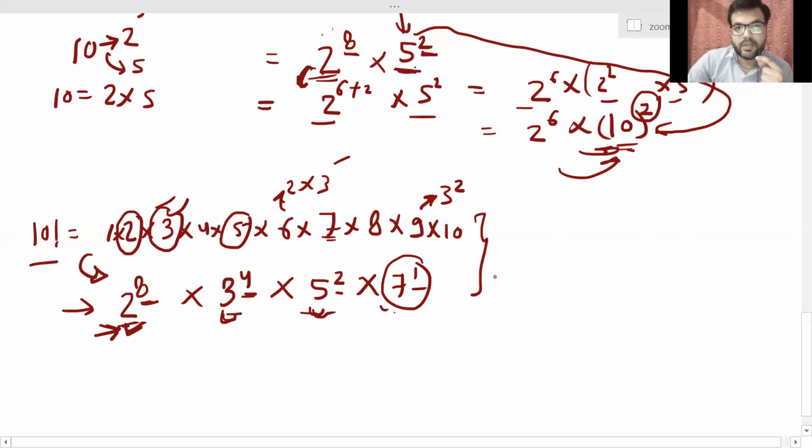So here the shortcut is, to find out the number of trailing zeros or the maximum power of 10 in any factorial number, the deciding number will be 5, because the power of 5 is always less as compared to the power of 2 in any factorial. Okay, again I'm repeating, the power of 5 will be deciding how many number of trailing zeros you will have in that factorial. Getting my point?